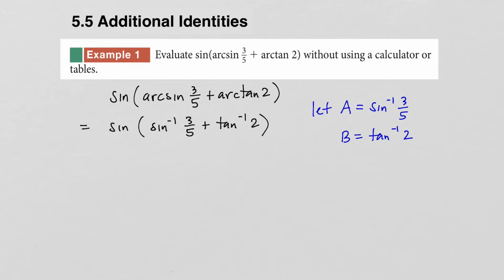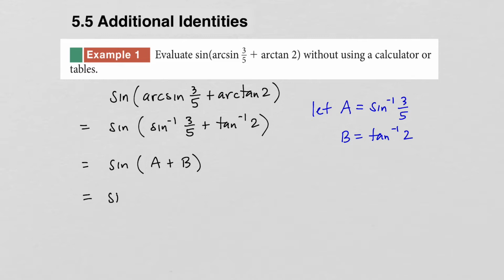Now we can rewrite our problem as the sine of A plus B, right? Because A is representing inverse sine and B is representing inverse tangent. As soon as we write it like this, we know that we can use the sum identity.